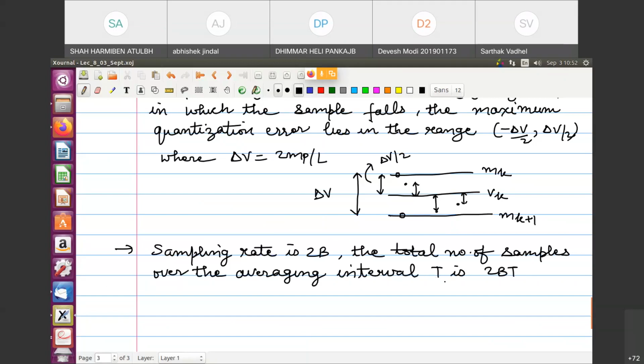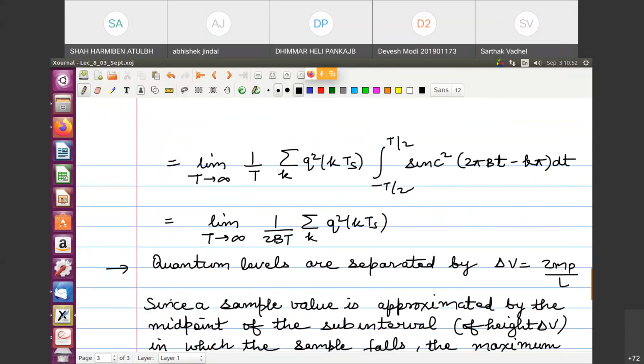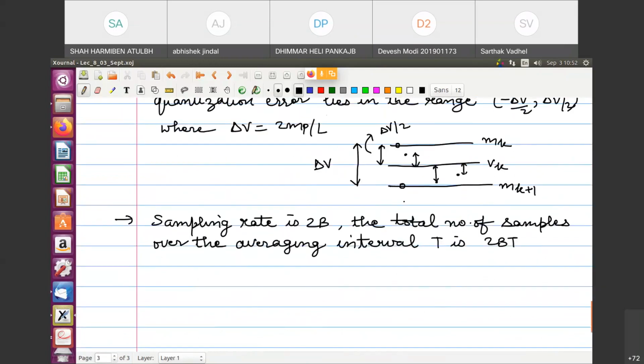Let us say we are studying an interval of length capital T. We said that we are studying this whole system over an interval of length T, and finally we tend that T to infinity, but for the time being, for a particular instance, we are studying this for an interval of length T. So because the sampling rate is 2B, the number of samples which we get in this interval is 2BT.